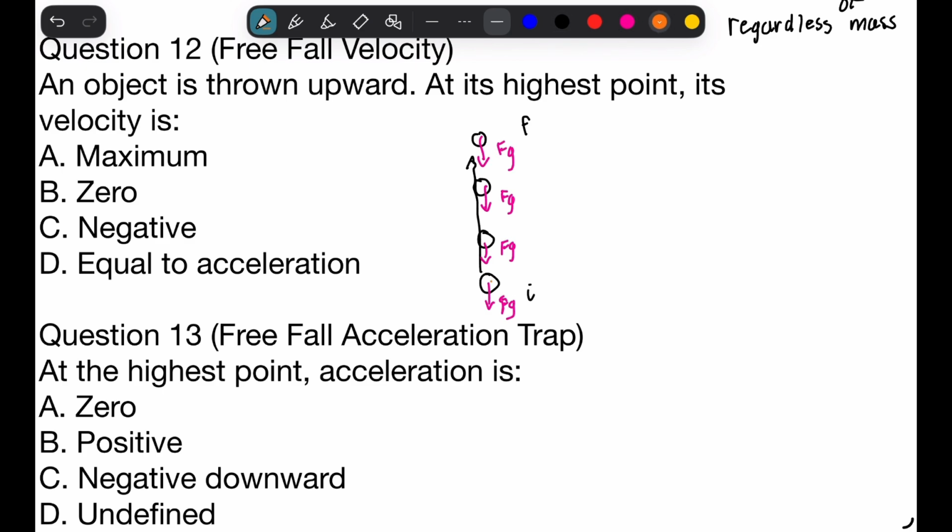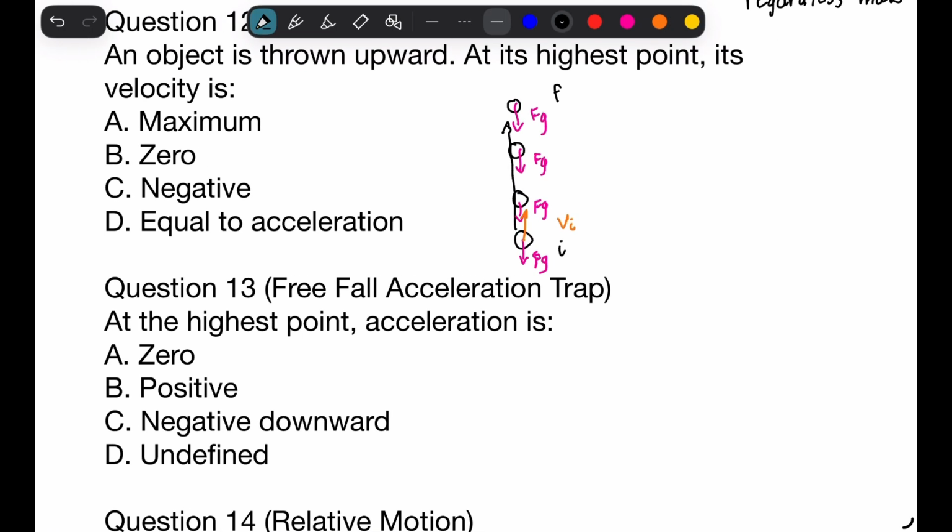But because you're throwing that object up, you had to throw it up with an initial velocity, correct? As that force of gravity acts in the opposite direction of our initial v, those forces are opposing each other, so gravity slowly degrades the velocity, and as it rises, it's going to slow down. At the top, that is the very moment that your v, your vy specifically, is going to be equal to 0, because then your object is going to start going downwards again.